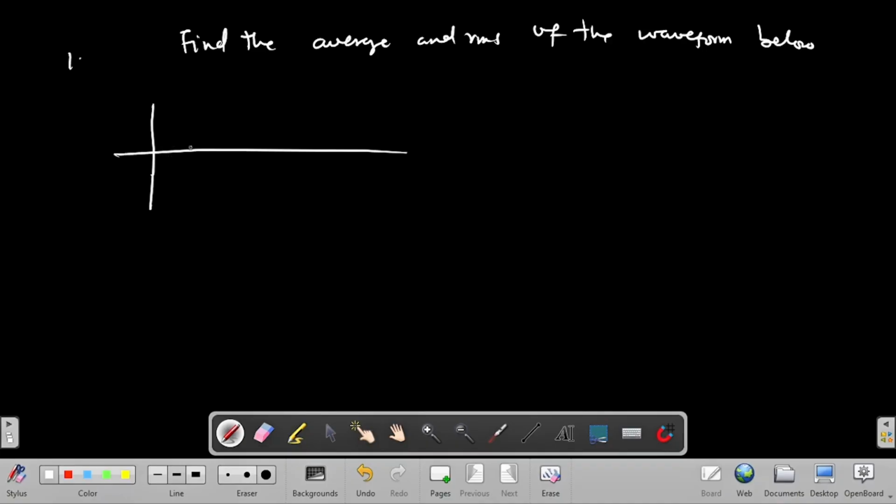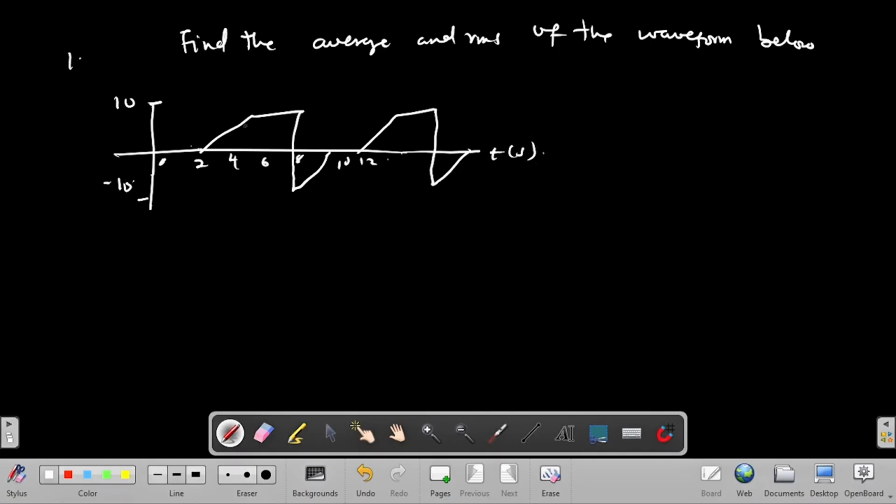I have 0, 2, 4, 6, 8, 10, 12. And up here I have 10, and I have negative 10 down here. This is time with respect to seconds. So we have to find the average and the RMS of this waveform.